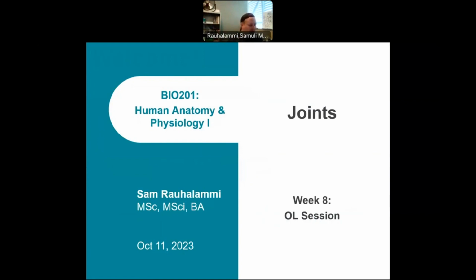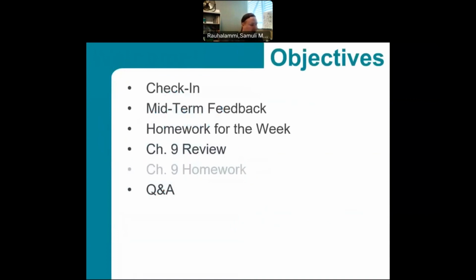Before we go into more detail, I do want to quickly set up a plan for what we're doing today. I would normally spend a little time on checking in, but in the interest of time today, I'm going to keep it very brief. It works a little better if we have more people in person. I also want to mention the midterm feedback that I'm requesting you to help me out with this week. We'll also look at the homework for this week, and the bulk of the time will be spent on reviewing the chapter 9 content.